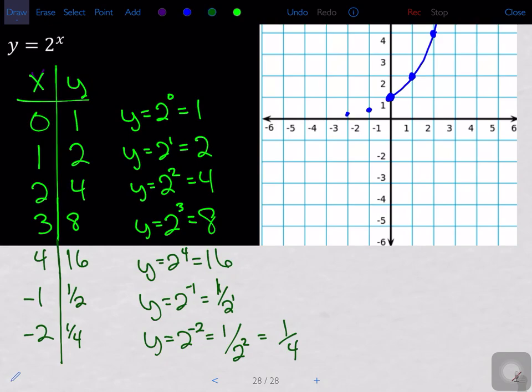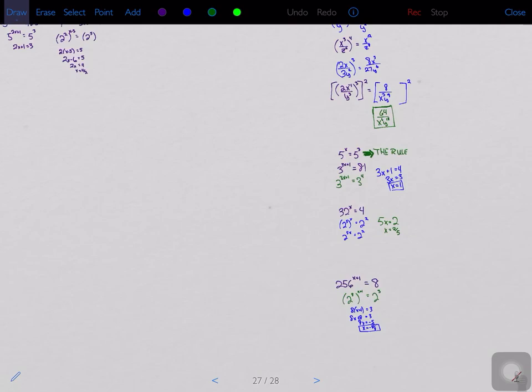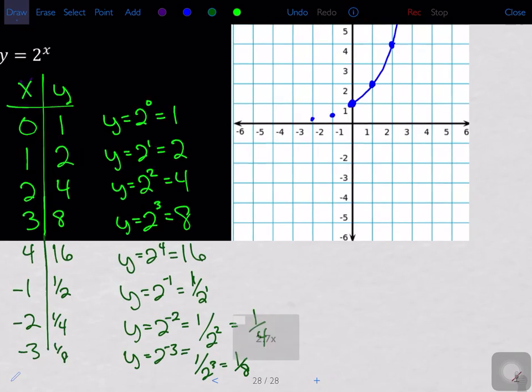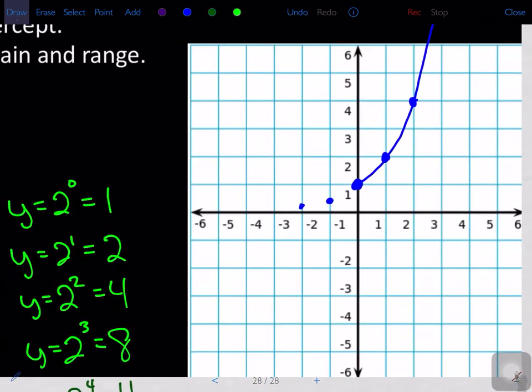We'll go ahead and do -3, and so that would be 1 over 2 cubed, which is 1 over 8. So we're getting smaller and smaller. And so the further left we go, the closer we're going to get to 0, but there's nothing that's ever going to actually get us there.